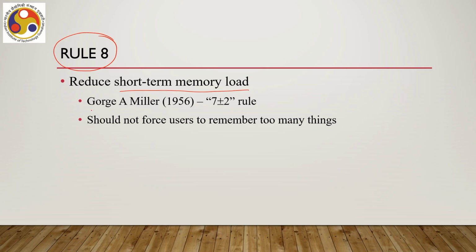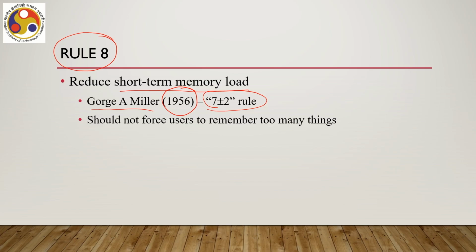Now, the finding originally proposed by George Miller way back in 1956, almost 70 years ago, was the 7 plus minus 2 rule, which says that at a time in our short term memory, it is best to keep between 5 to 9 chunks of information.